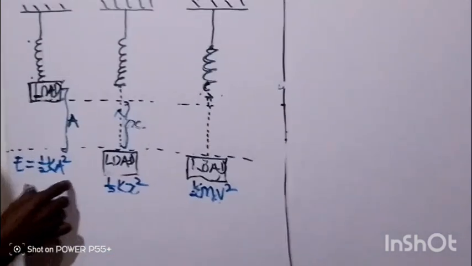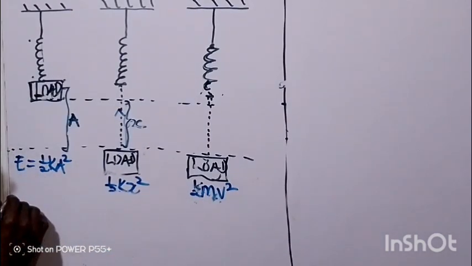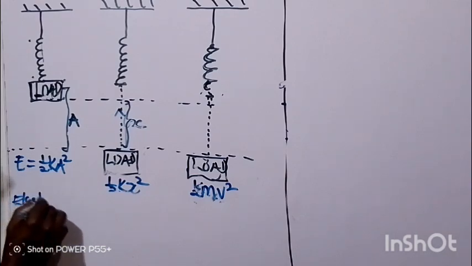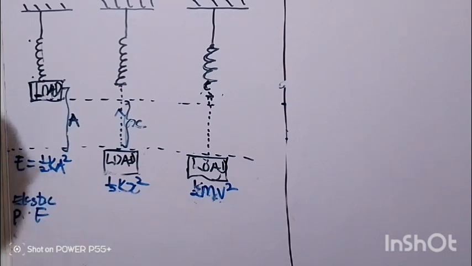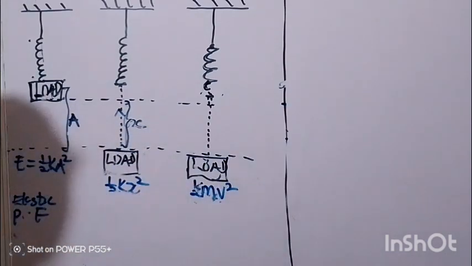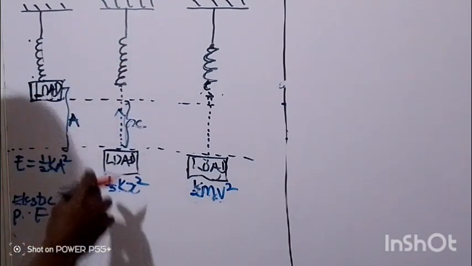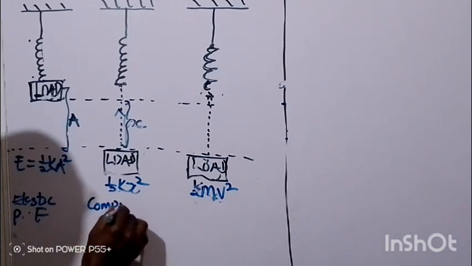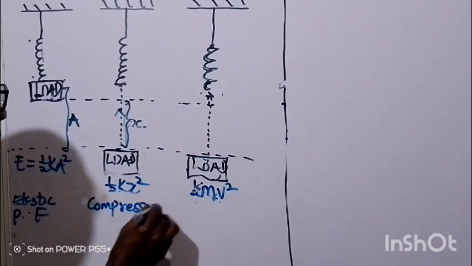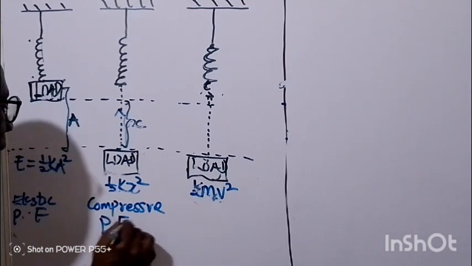The name given to this one is elastic potential energy. Here, when you extend it, we call this compressive potential energy.